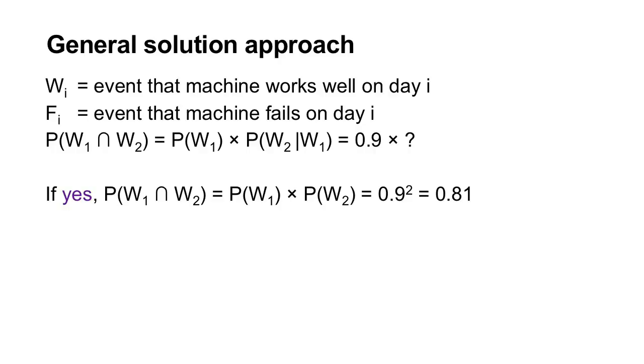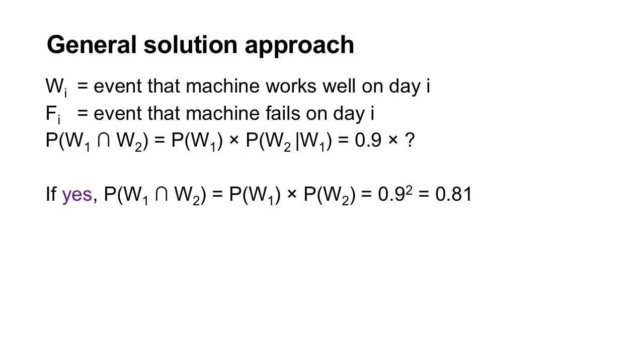So, if I don't know anything, I would have to use the general multiplication rule. The probability of working well on the first day and working well on the second day is the probability of working well on the first day times the conditional probability of working well on the second day given it worked well on the first day. One probability I know, P of working well on the first day is 0.9.